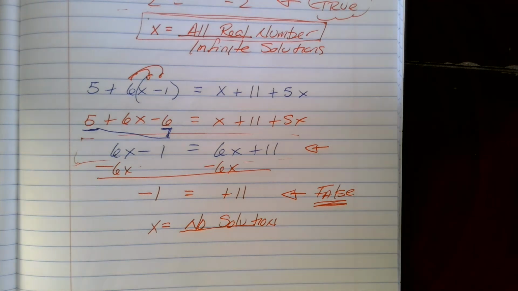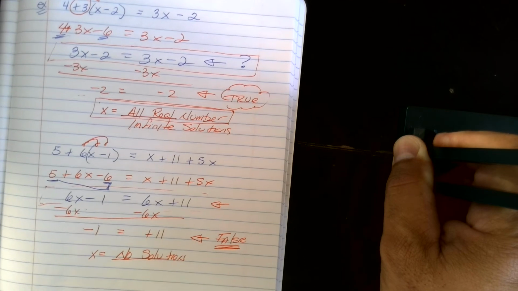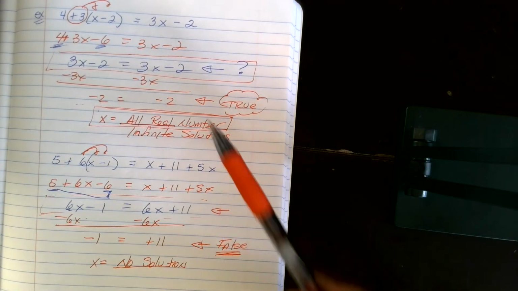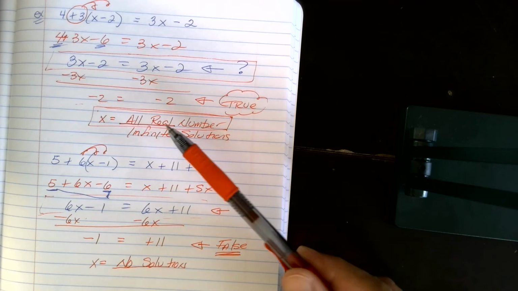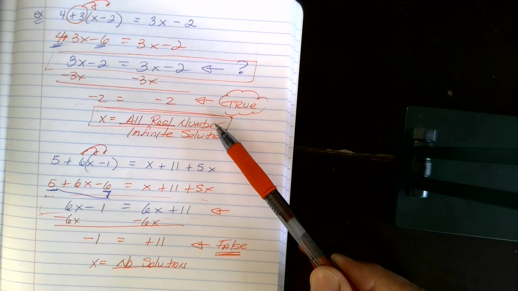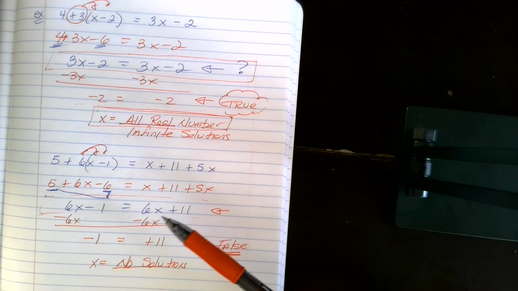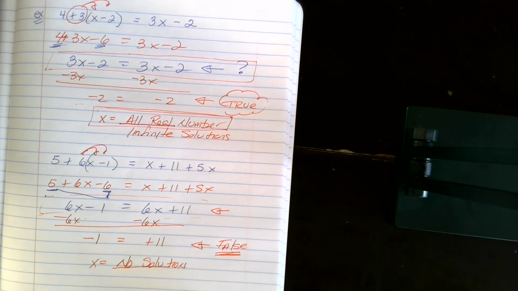So the two scenarios that you could run into: you lose your x variable somewhere and you're left with a true statement. That means that x is going to be equal to all real numbers. Or you lose your x variable and you have a false statement. If the statement is false, there is no solution to this equation.